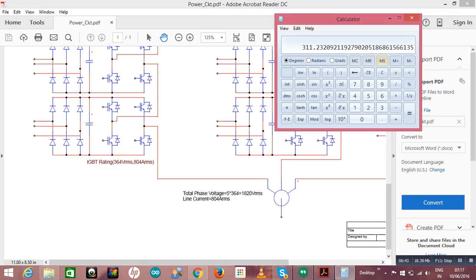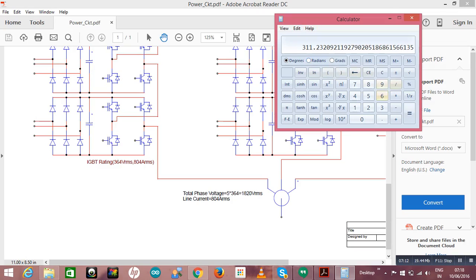One second, I will calculate. So my DC is 364 into √2, which comes to this much, into pi divided by 3 divided by √3. Yes, so 311 will be my input phase voltage peak.